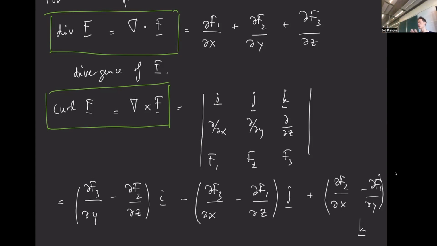And this is kind of a mouthful. You can put them all in a matrix, and that matrix also has a name. It's called the Jacobian matrix, which appears in many situations. But the divergence and the curl of this vector field summarize some of the behavior of this function, but not all of it. So these are useful ways of saying something about the behavior of this vector field, but they are partial information, because they only use part of all these derivatives.